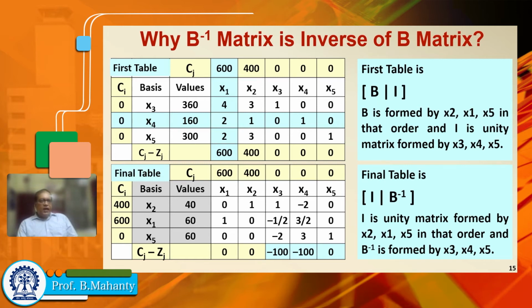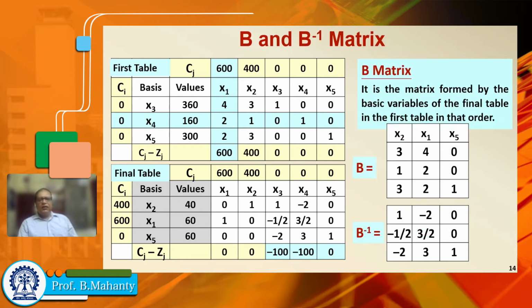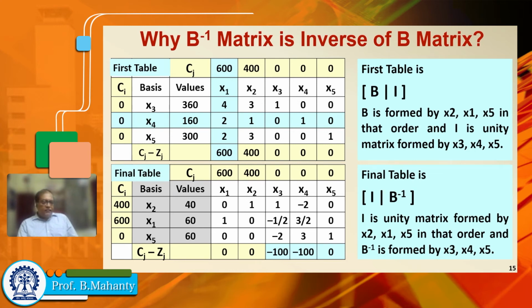Now that B, that is x2, x1, and x5 in that order, is the matrix we had earlier, 3 1 3, 4 2 2, 0 0 1. What has happened to that matrix in the final table in that order x2, x1, x5? You see, it has become 1 0 0, 0 1 0 and 0 0 1. That means the original matrix B has become a unity matrix I.